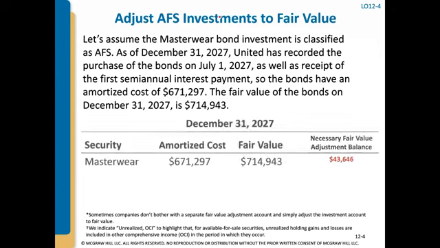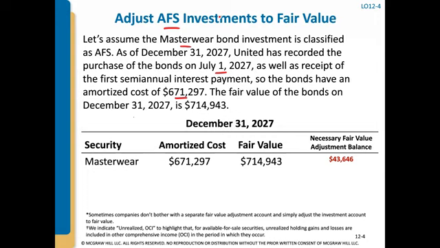I want to work through this same example we've been working through in previous videos, but now we're going to assume that our investment is an available for sale investment. Masterware issued, which means they sold these bonds to United, the company that has the investment, on July 1, and the amortized cost on 12/31/27 is $671,000.